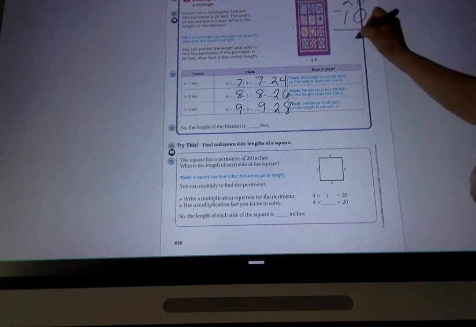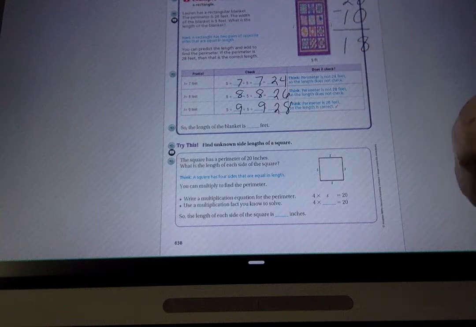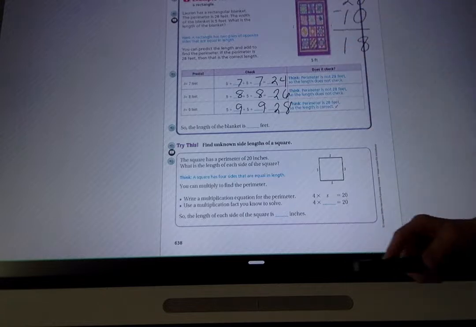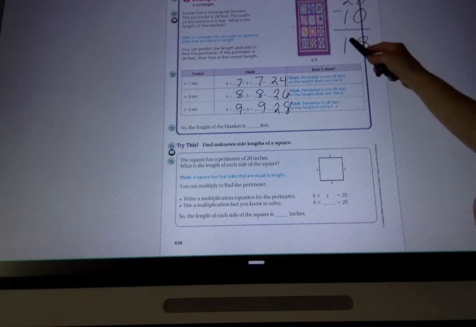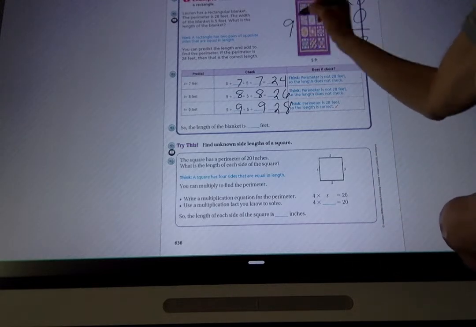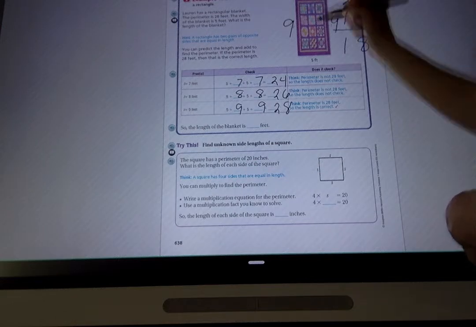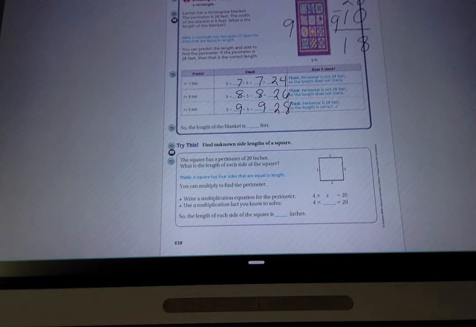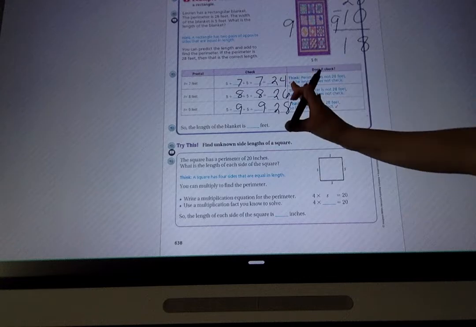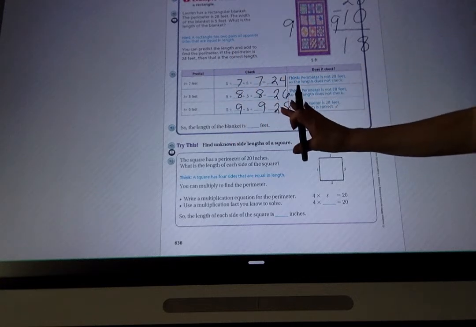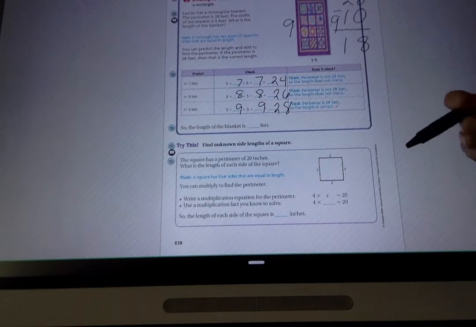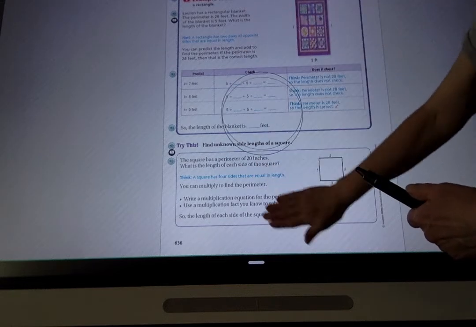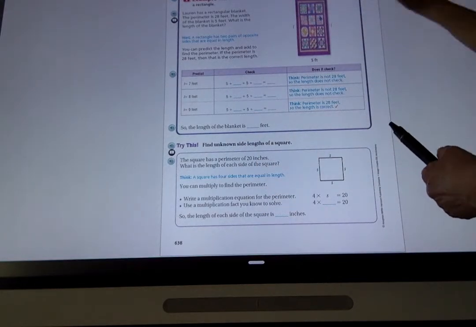That leaves me with 18. 18 for both sides. So one side is half of 18 and the other side is half of 18. Either way, you can do the predicting and figure it out this way, or you can do it this way. Let's take a look at our next page.